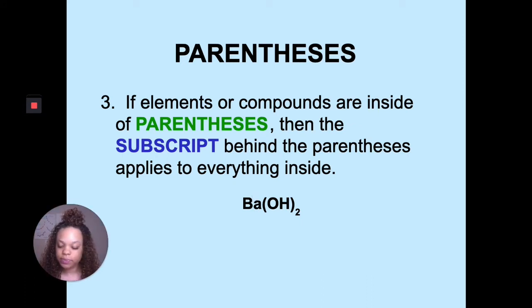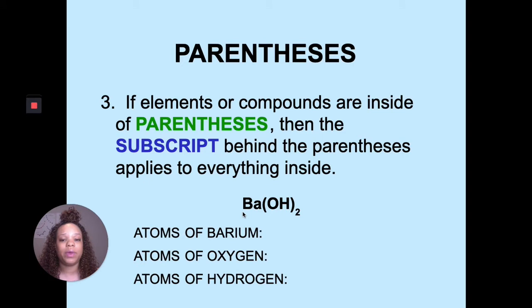If we look at our periodic table, I'm going to look for Ba, which is number 56, barium. We have barium here, but it is not inside of parentheses. We do not have a big number, and we do not have a small number, which means we only have 1 barium. We also have oxygen here, but it's inside of parentheses. So this is what you're going to do.